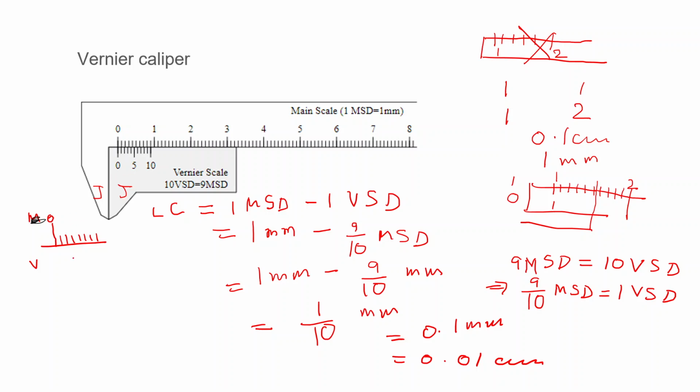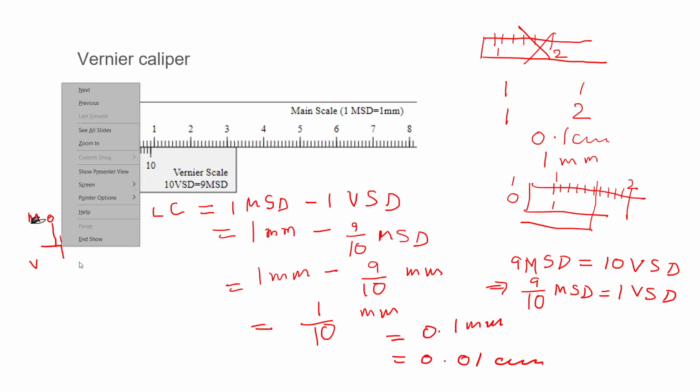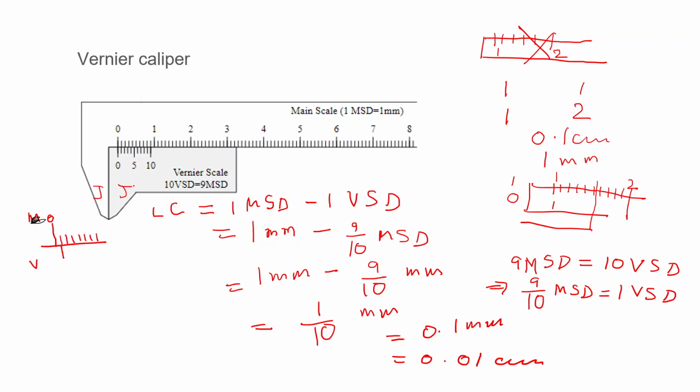So if this is the main scale and this is the vernier scale, and say the zero of the vernier scale is starting from here, and say that these 10 are the scalings on the vernier scale.